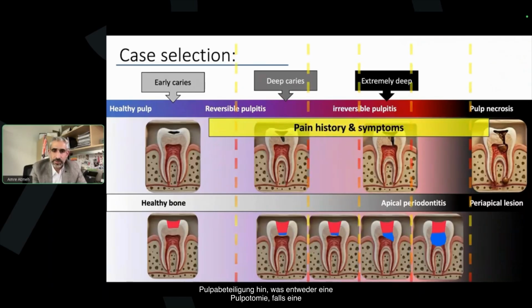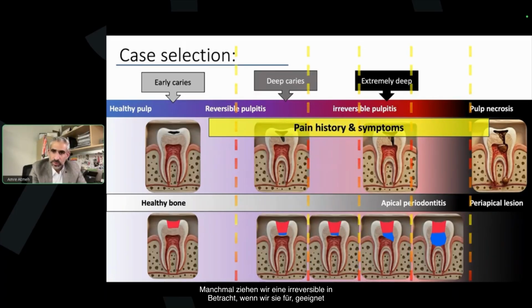Well, like any other treatment, that starts with a proper and thorough pain history and symptoms from the patient. To start with, the patient is not supposed to have severe symptoms, because severe symptoms are indicative of an advanced stage of pulpal involvement, which requires either a pulpotomy if vital pulp therapy would be considered, or even root canal treatment.